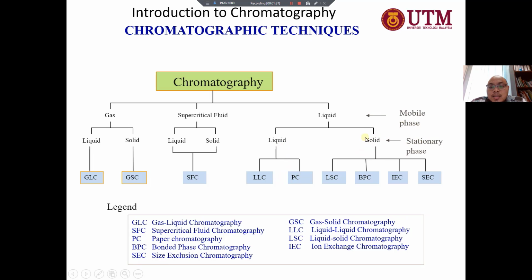If the stationary phase is solid, we can have liquid solid chromatography, bonded phase chromatography, ion exchange chromatography, or size exclusion chromatography. So don't worry, when we enter the chapter on liquid chromatography and solid chromatography, you can understand it much better.